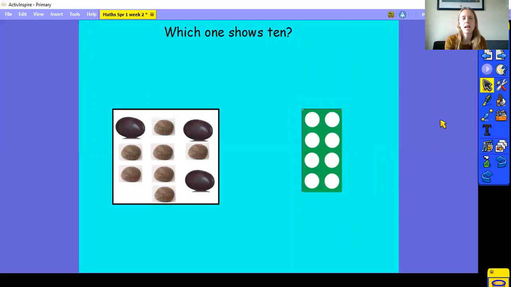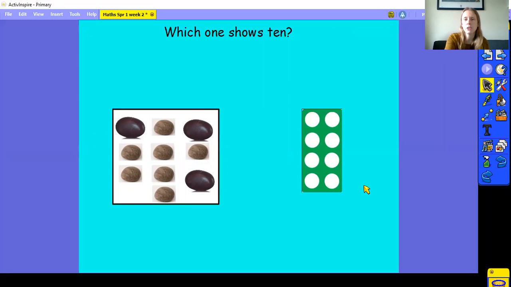What about this time? Which one shows us 10 this time? Are there 10 pebbles? Or is this Numicon piece 10? Point to the one which shows 10. Well done if you're pointing to the pebbles. We know that this isn't the Numicon piece for 10 because we've just seen it. We know that it's blue and this one isn't, this one's green.